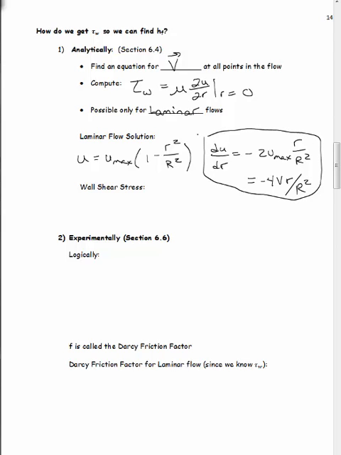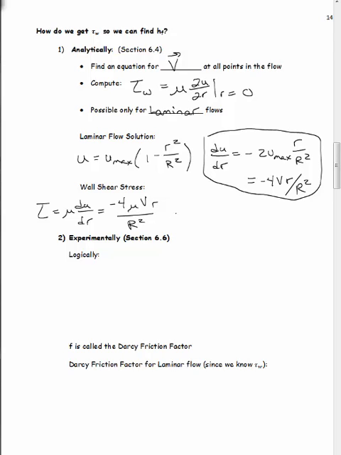Okay, so our wall shear stress, just plugging that du dr into our equation, is, well, first of all, tau everywhere is going to be mu du dr. And so that's going to be minus 4 mu v times r over big R squared.